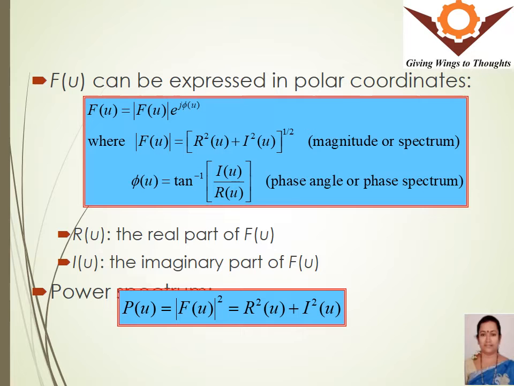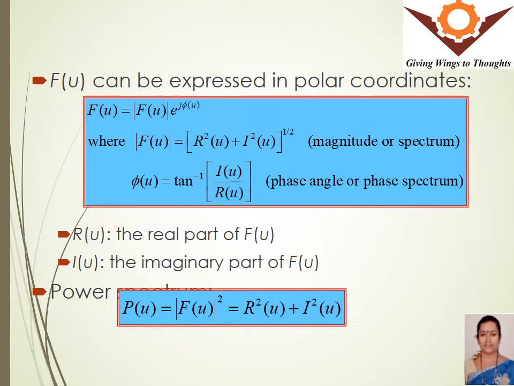Then the phase angle or phase spectrum phi of u is equal to tan inverse of the imaginary term I of u by the real term r of u. So r of u is the real part of f of u, and I of u is the imaginary part of f of u.